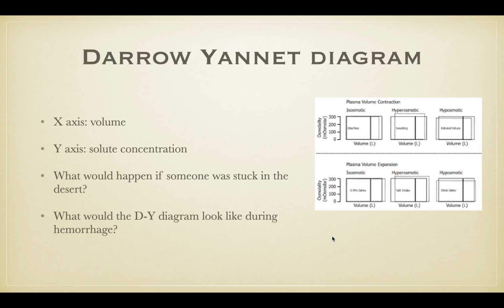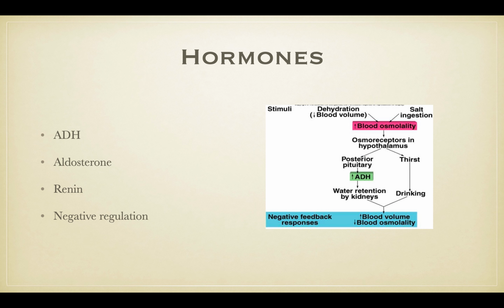All right, so if you look at the diagram, you lose a lot of your extracellular fluid. That's the one that you lose the most, right? So it would go inwards here, and then this would go down.